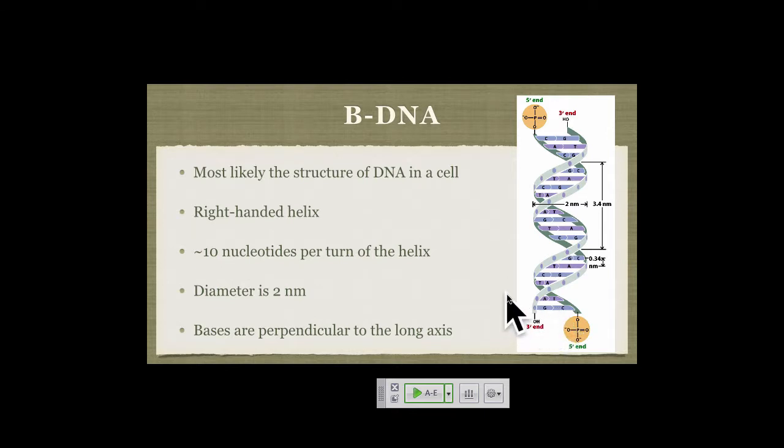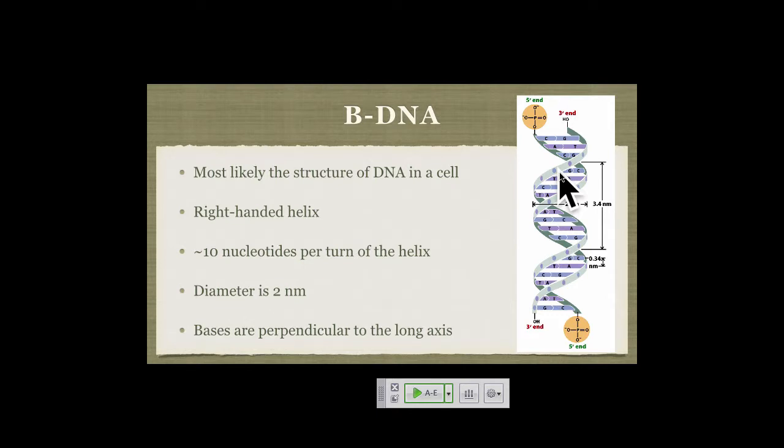There are about 10 nucleotides per turn of the helix. So if we start at one point, as we go around the helix and come back around, it's more like about 10.4, but we'll call it 10 for our purposes. The diameter is fairly uniform, about 2 nanometers. All right, so those are the general dimensions.